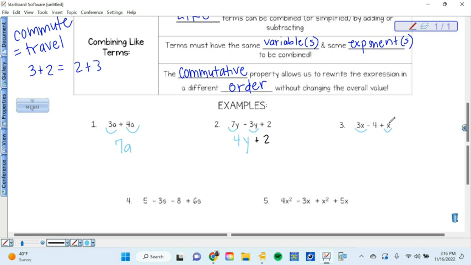I've just got 3x and x, which gives us 4x, and then that negative 4, or minus 4. I see a lot of people do 3x minus x, but that's not right. That negative belongs to the 4. It always belongs to the thing after it.